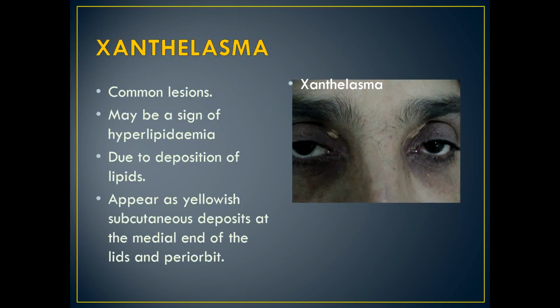Here you can see a small swelling, whitish in color, involving the medial margin of both eyelids. It is slightly smaller on the right side and longer and flatter on the left side. It is known as xanthelasma.